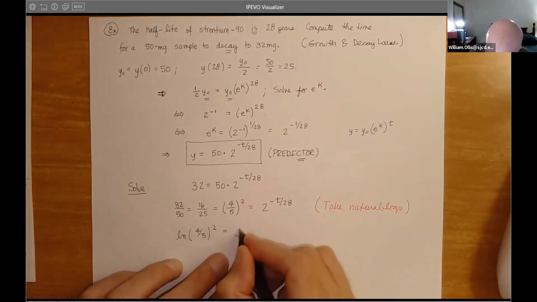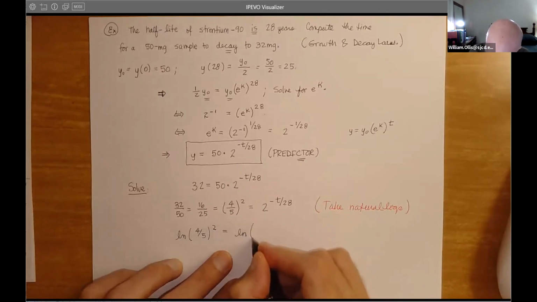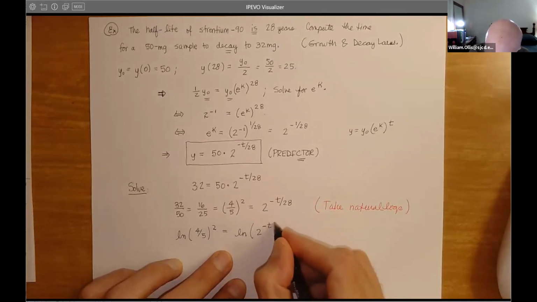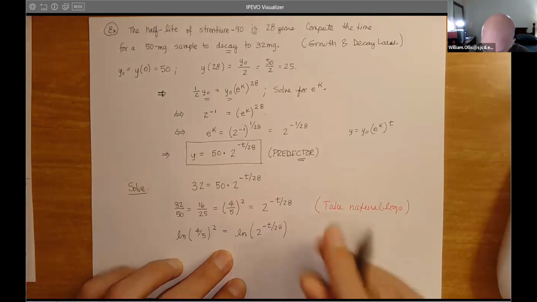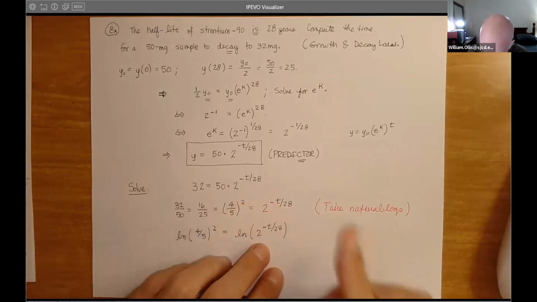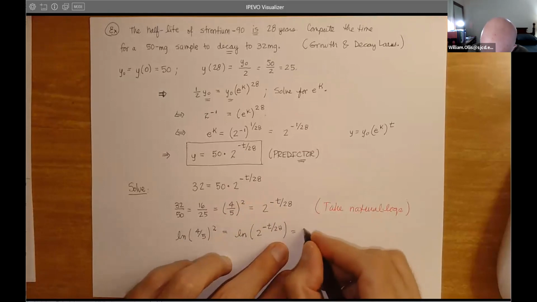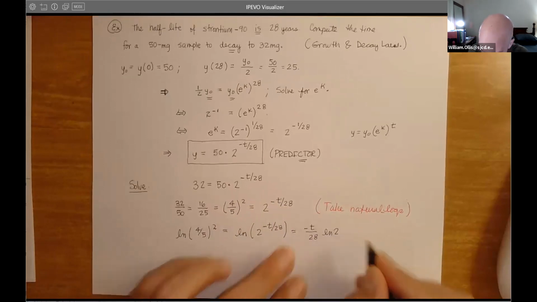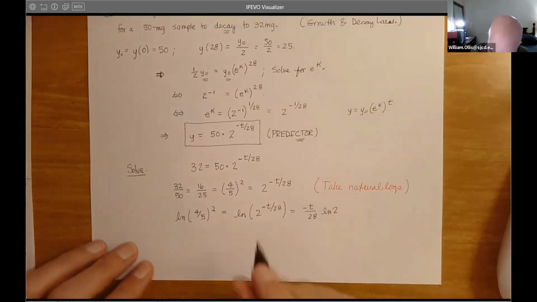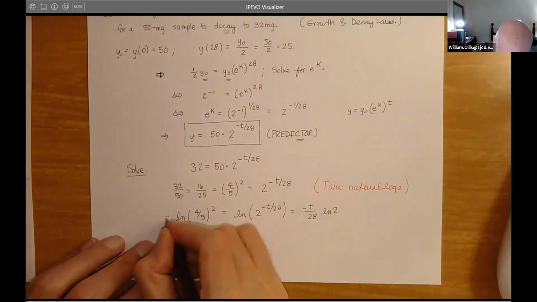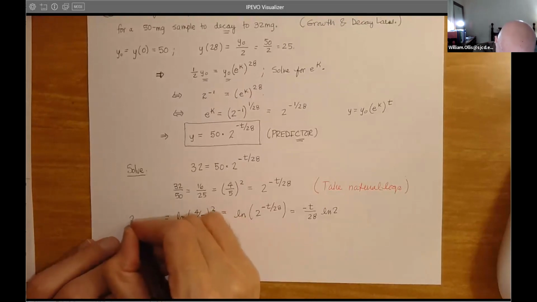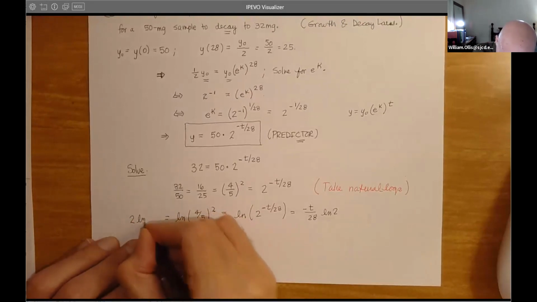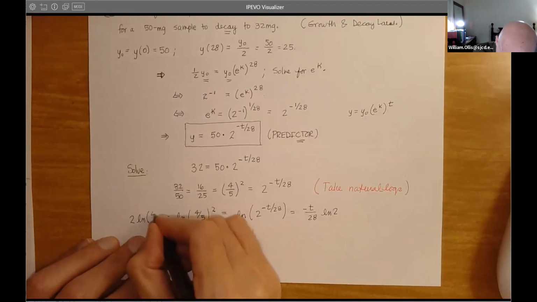And this will be the natural log of 2 to the negative t over 28. Again, power rule. So this gives us negative t over 28 natural log of 2. So now, of course we can run over here and just bring that 2 down. This will be 2 natural log of 4/5.